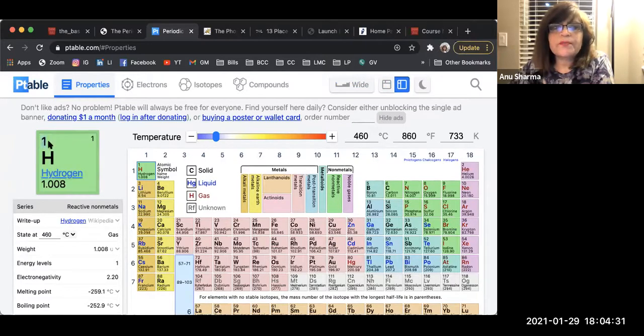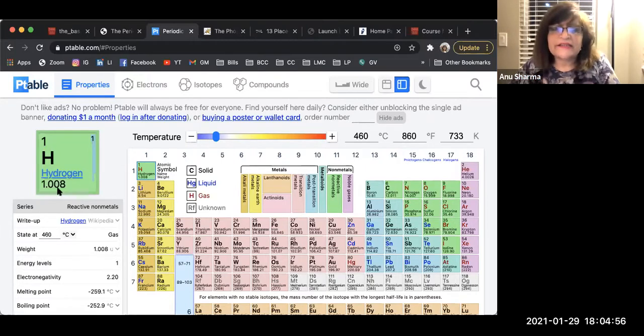The number on the top is the atomic number, and the number at the bottom is the mass number. The atomic number is the number of protons, and it also means the number of electrons. And the mass number is the number of protons plus the number of neutrons. Mass number, by mass, means the atomic weight. It means how heavy is this atom?